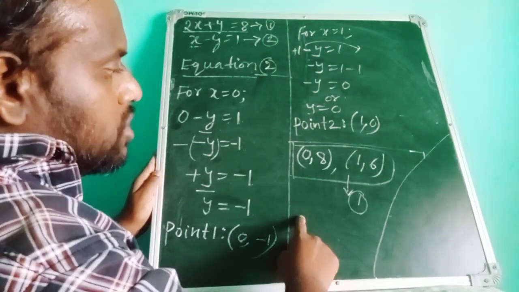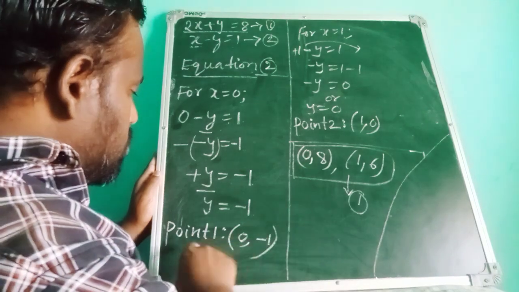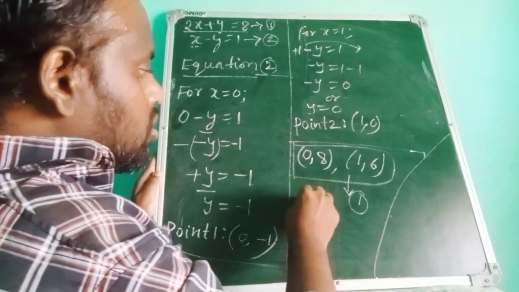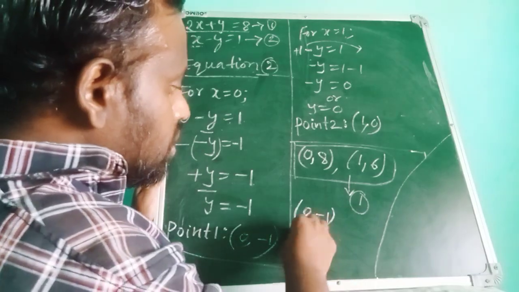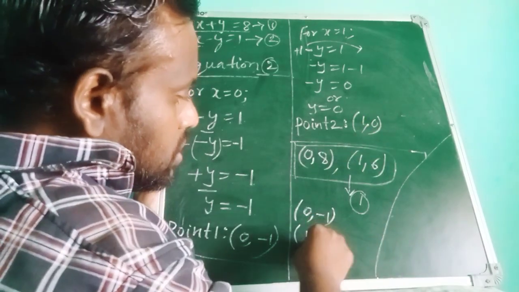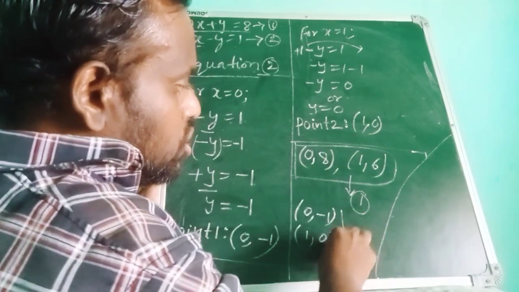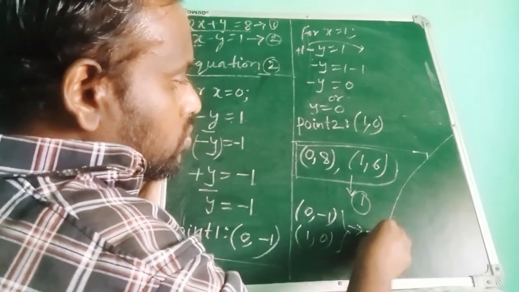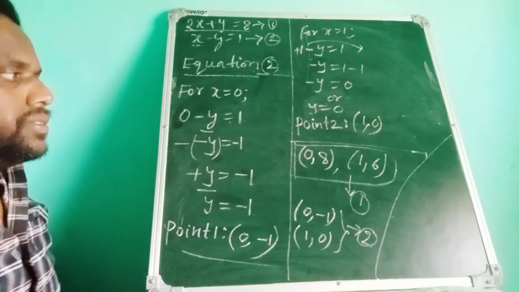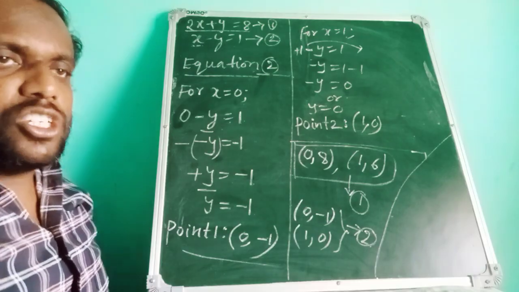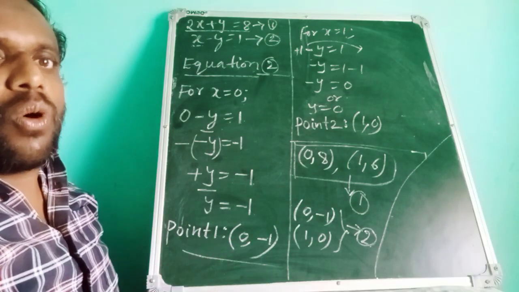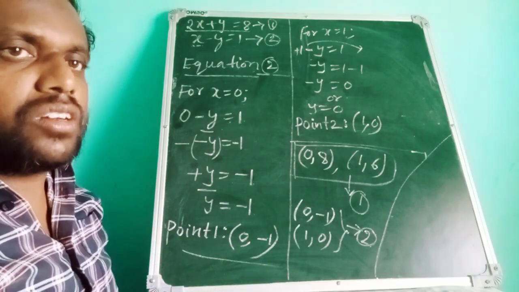I will note down the points here. Point 1 is 0 comma minus 1. Next point is 1 comma 0. So these two are for equation 2. Let me just quickly verify whether the x and y values are correct or not.